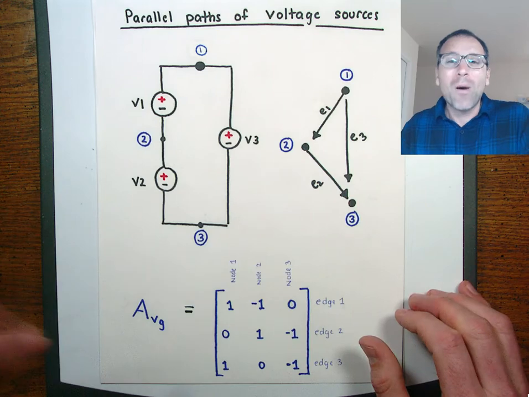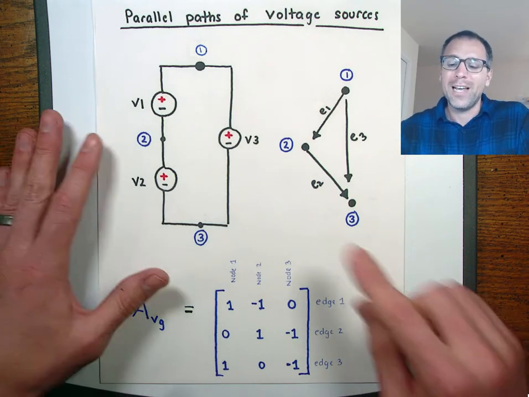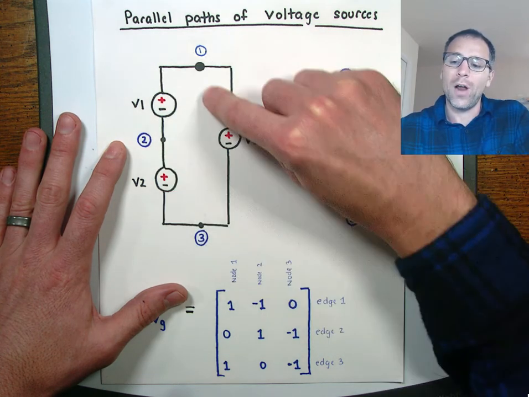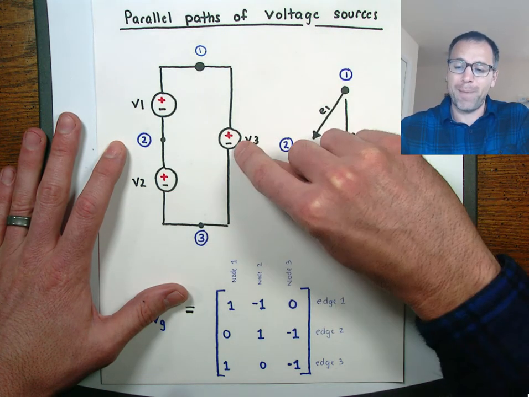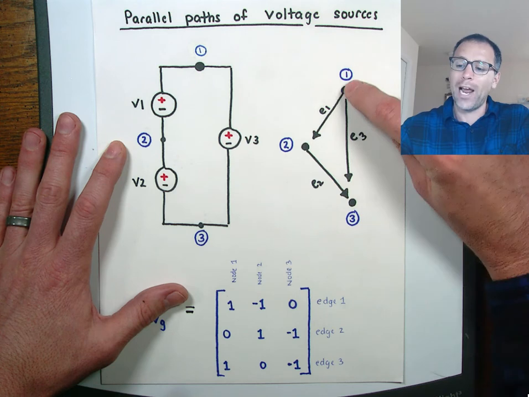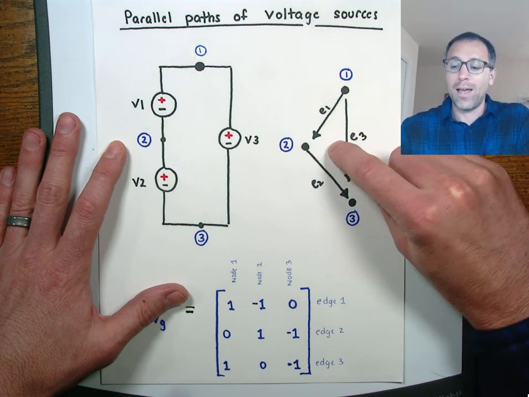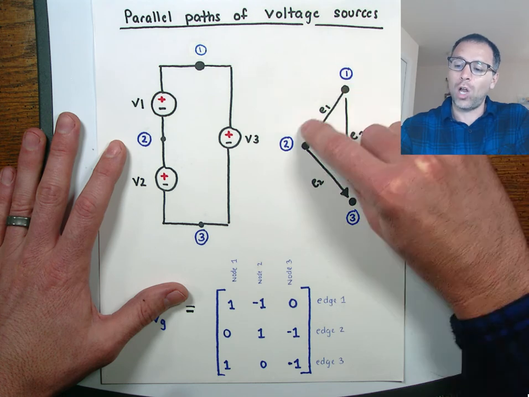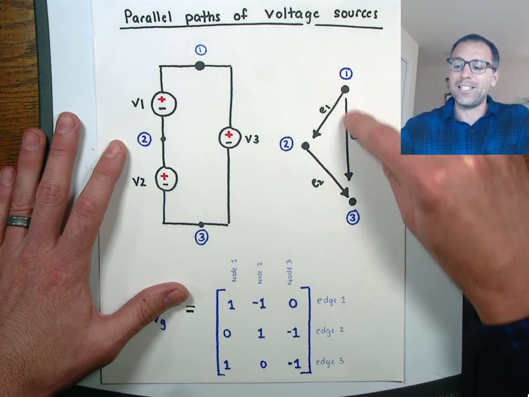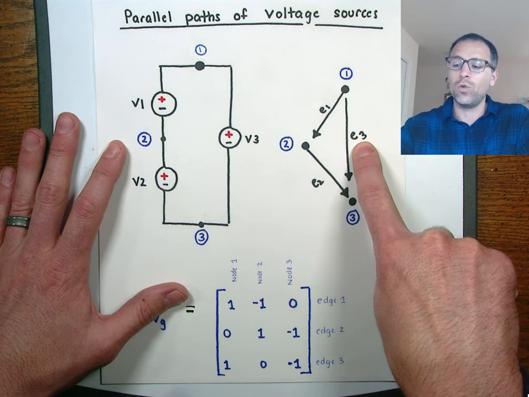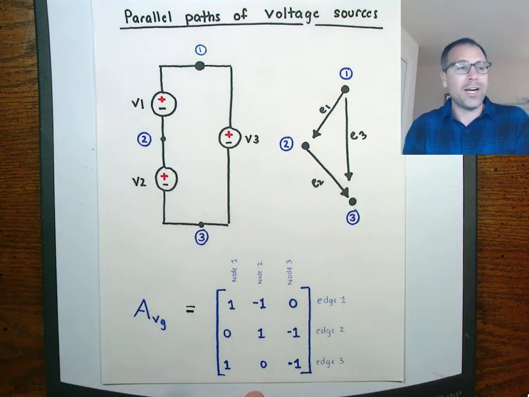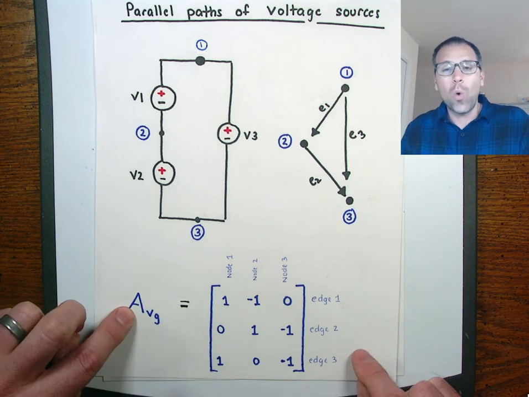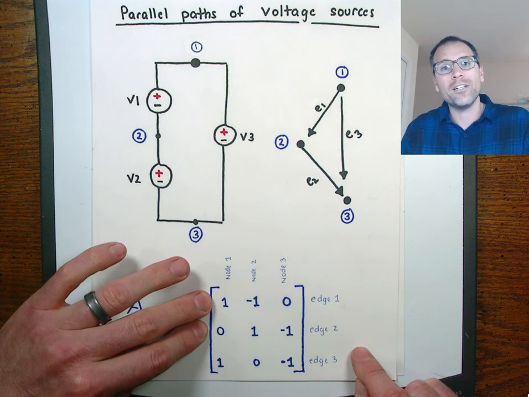You might wonder, what do I mean by parallel voltage sources? These 3 voltage sources, there's a path of voltage sources over here that is parallel to this path of voltage sources over here. When I look at the graph encoding that information, that graph says I actually can move along these 2 edges and I get to the same information as I do if I move along this edge. When I look at the corresponding incidence matrix, check it out. This incidence matrix only has 2 linearly independent rows.